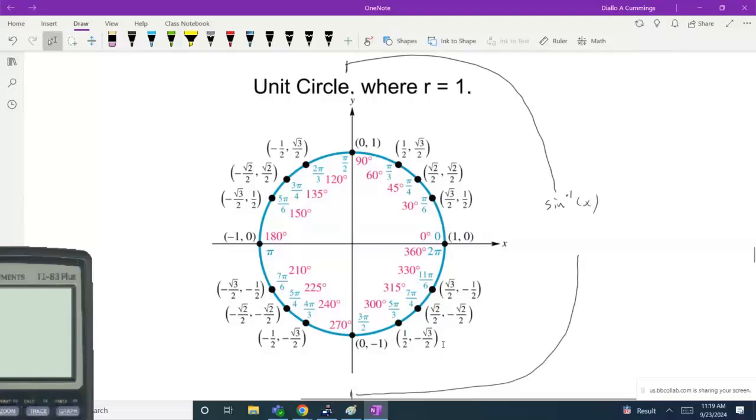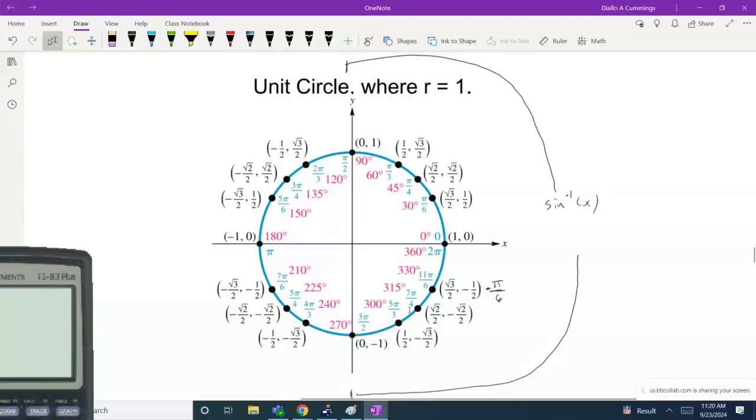If I rotate my terminal side counterclockwise, or excuse me, clockwise to produce negative angles, notice that 330 degrees, which is 11 pi over 6, we're actually going to write that out as negative pi over 6, because that's negative 30 degrees, right? So if I rotate my terminal side 30 degrees, I get negative 30 degrees, or negative pi over 6.